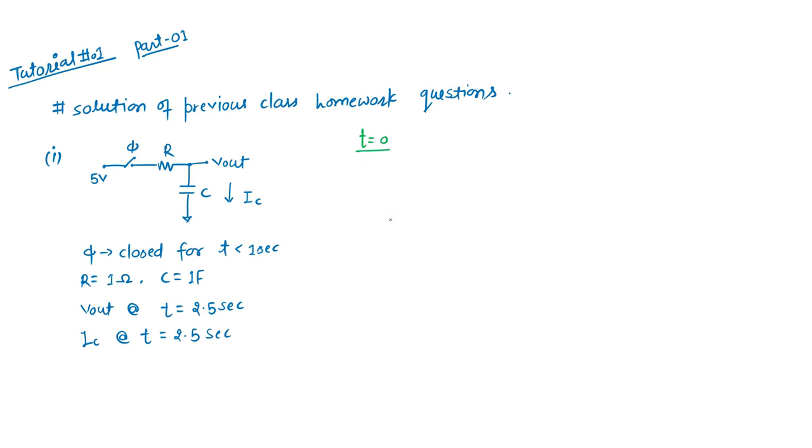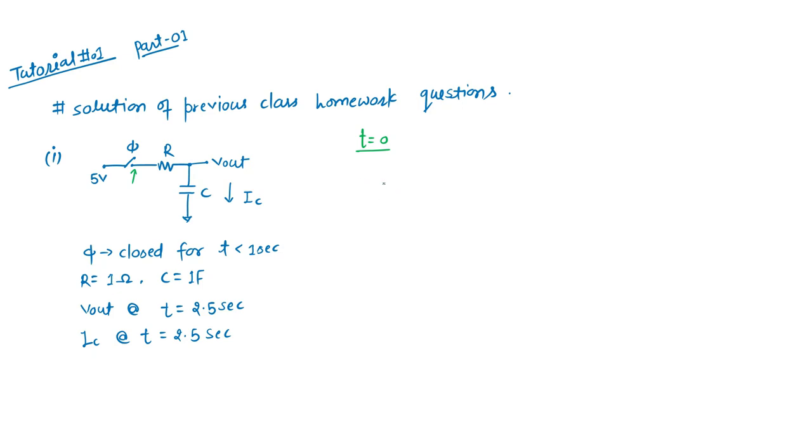What it means is that before this the node was floating, and when this switch closes at t equal to 0, 5 volt is connected here. Better to say less than 1 sec. So the switch is closed at t equal to 0.